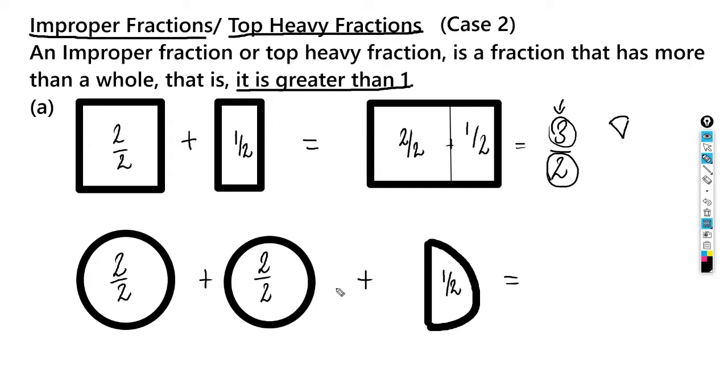So 2 plus 2 plus 1 would be 5. So I'd end up with 5/2, which is also top-heavy or improper fraction, right? So that's basically what an improper fraction is. All right, guys. The top is always bigger than the bottom. And this is how we represent an improper fraction. Okay. All right, guys. So let's move on and let's do some examples.